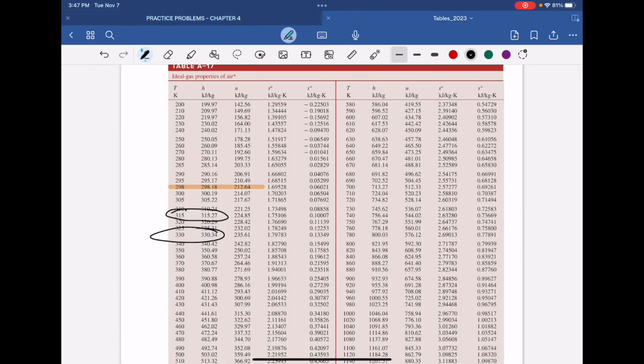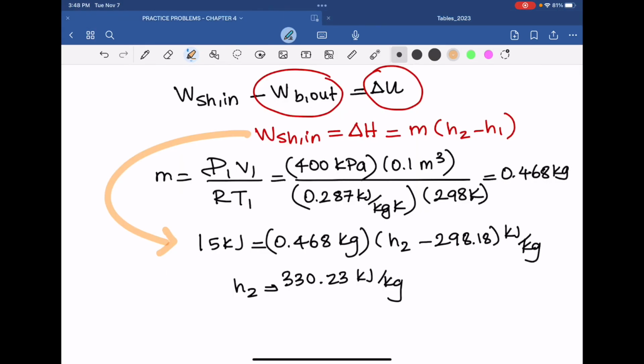And now you need to go back to the tables and find at that enthalpy what your temperature is. You might have to do interpolation there to get the exact numbers. I'm sorry, the enthalpy is given to us, right?